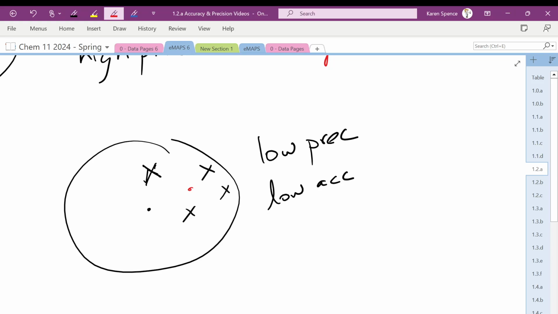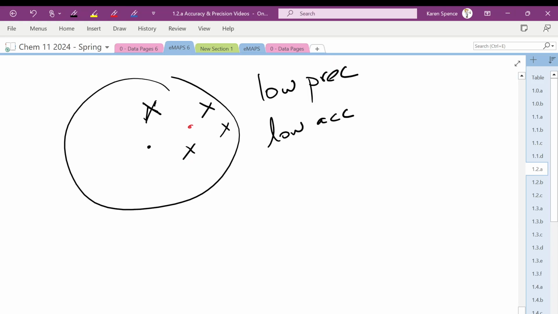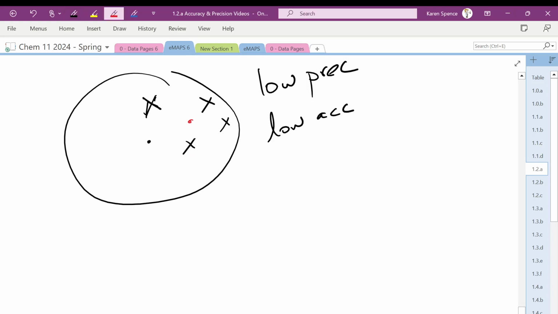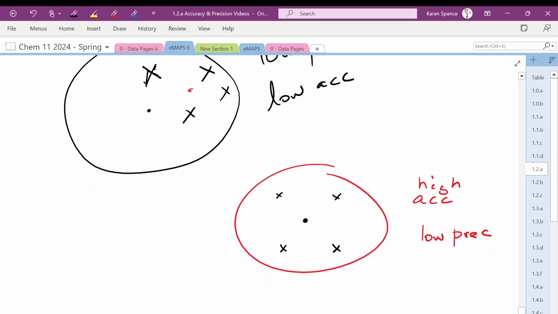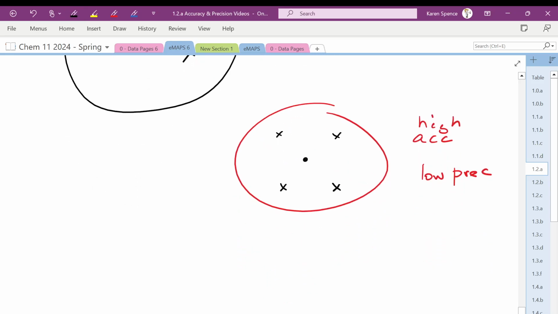We did the accurate but not precise one. Let's do that. This is accurate, high accuracy, low precision. What if I didn't want them to look exactly like that?